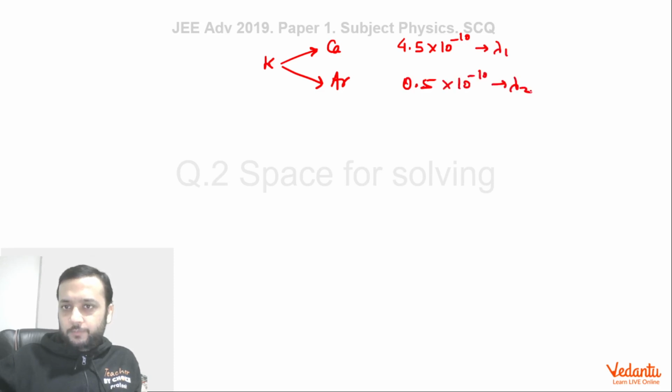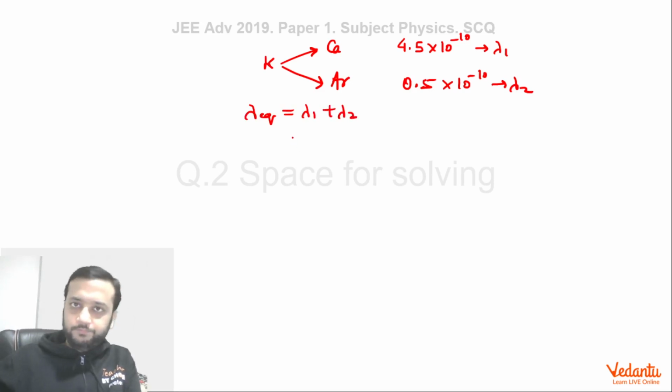This is lambda 2. We know that when a particular radioactive nucleus can decay into two possible products, lambdas are additive quantities. So we can find lambda equivalent is equal to lambda 1 plus lambda 2, right?